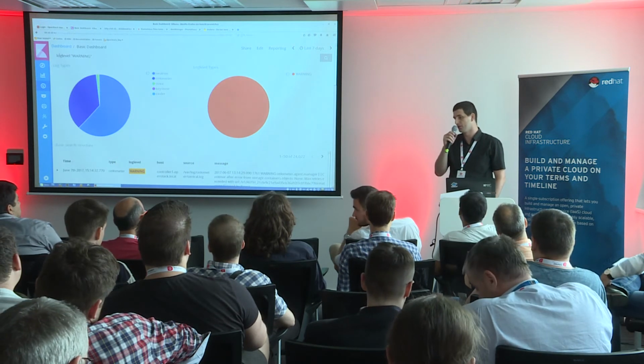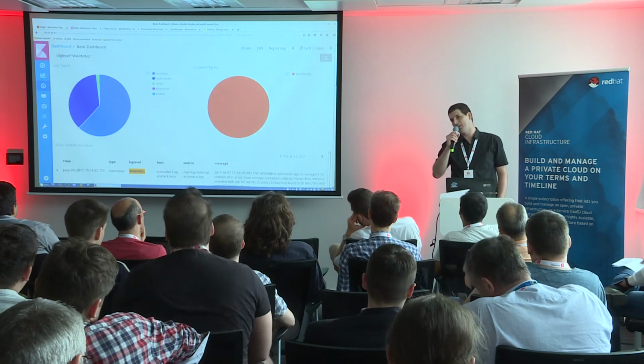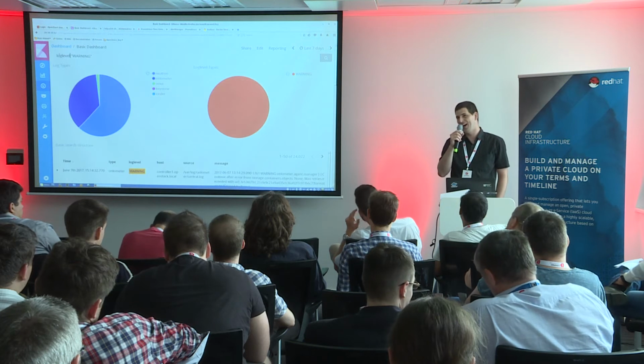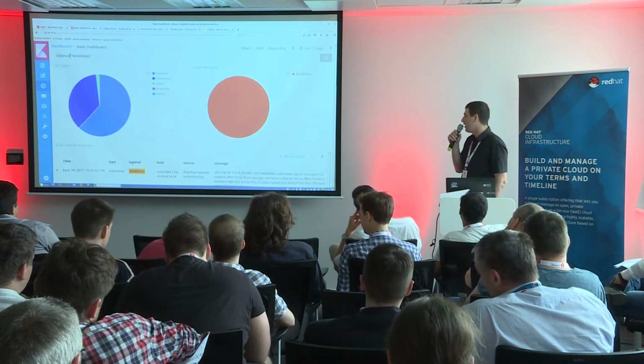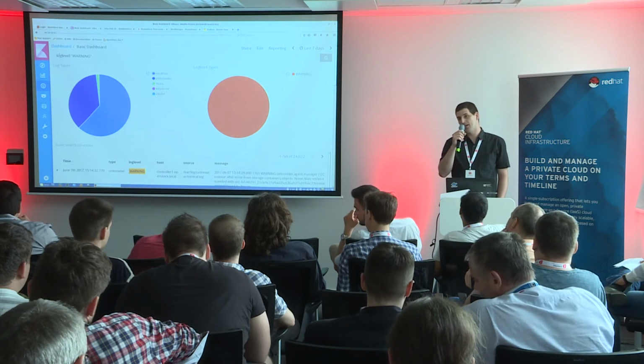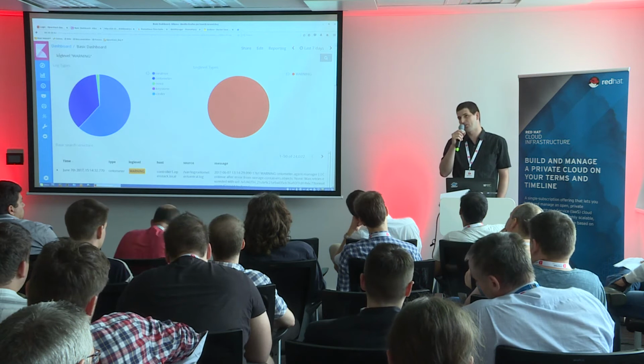The resource usage is not really relevant in this example because I have 4 machines, and I think I gave 1 gigabyte of RAM to Elasticsearch and maybe 500 megabytes to Logstash.